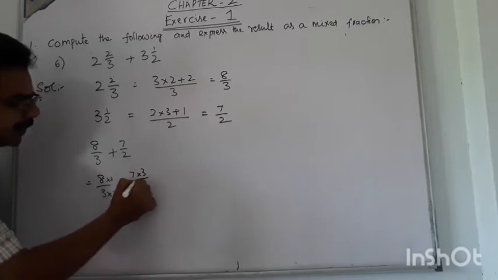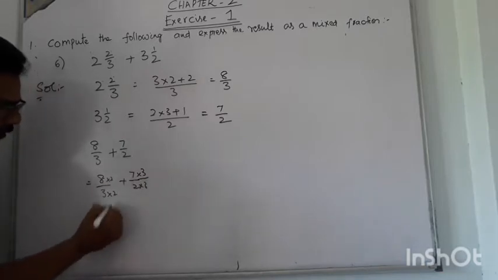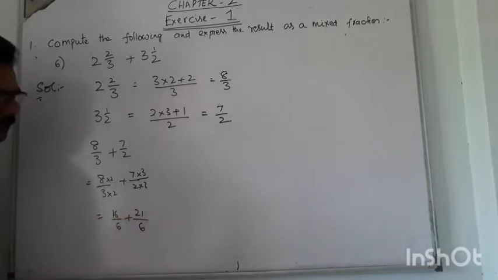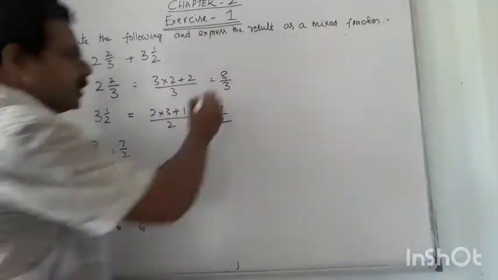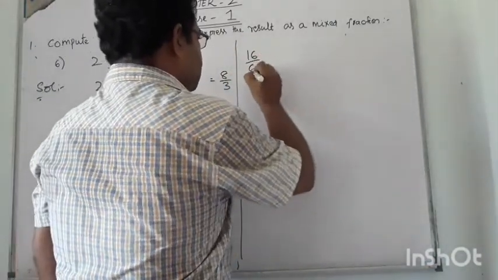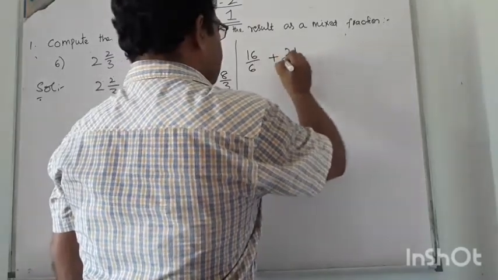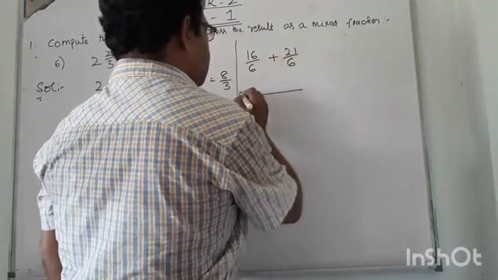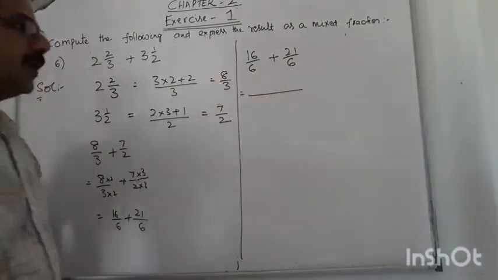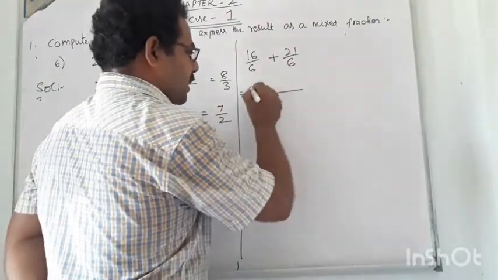Okay, 8 2s are 16 by 3 2s are 6, 7 3s are 21 by 2 3s are 6. Okay, so finally we got 16 by 6 plus 21 by 6. Both denominators are the same. That means we converted them into like fractions. 6 is the common denominator.